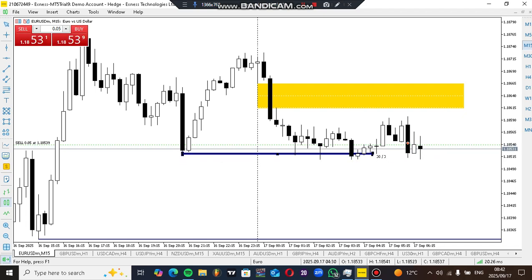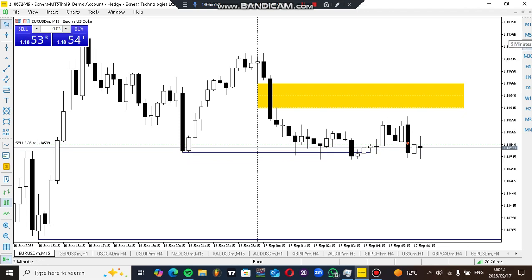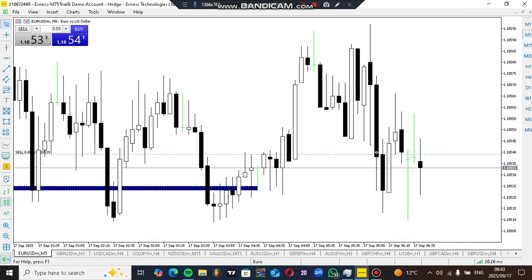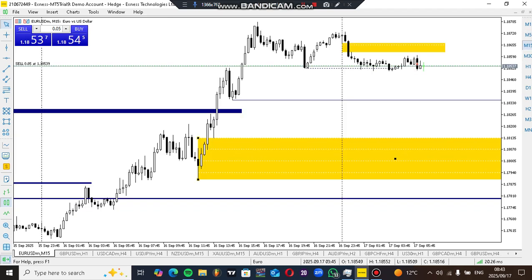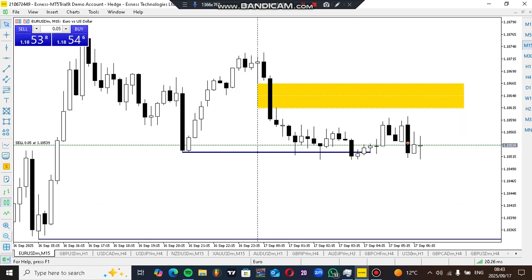The market started with this change of character right here that was taken out, but what made that change of character so interesting to me was, if you drop down to your H4 even, you can see right there, the market used that break of structure as a mitigation block. So I instantly identified the market is in an area of interest for me in terms of the mitigation block.